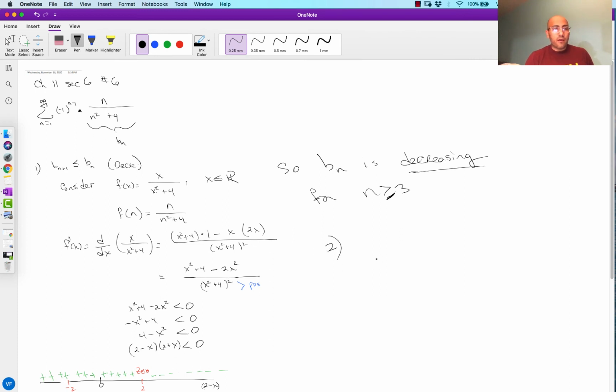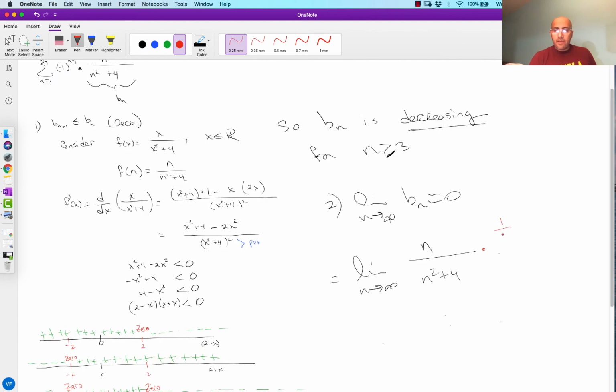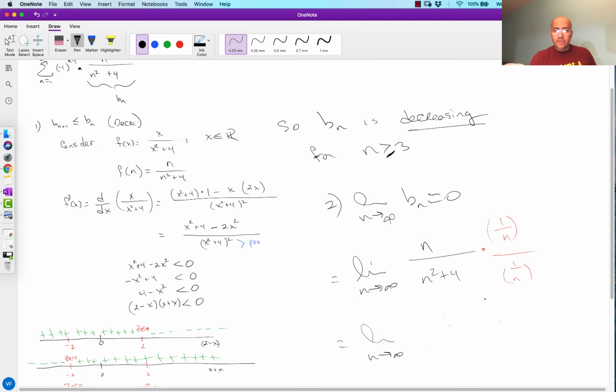Part 2 of the alternating series test is to show that the limit as n goes to infinity of b sub n is equal to 0. So the limit as n goes to infinity of n over n squared plus 4, this one's going to be easy. We're going to multiply this by 1 over n over 1 over n, and we'll end up with the limit as n goes to infinity of 1 over n plus 4 over n.